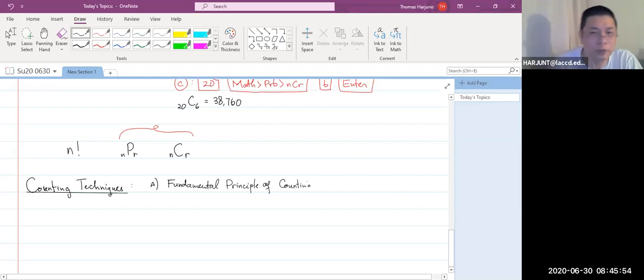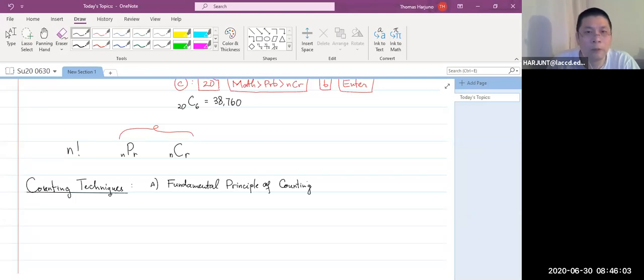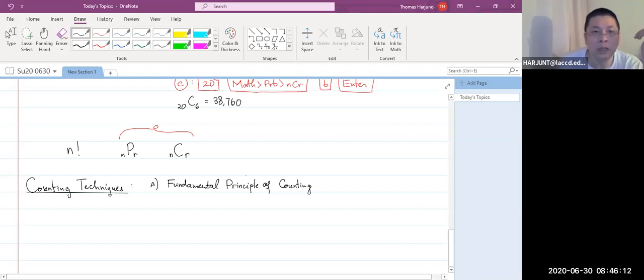It has other names, fundamental theory of counting, or simply counting principle, or counting theorem, I think. Okay, it has other different names, but this is the first one, and that's why we call it fundamental principle of counting. Second is permutation. And the last one is combination.